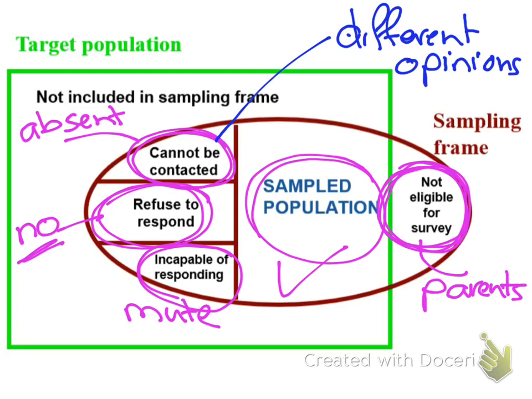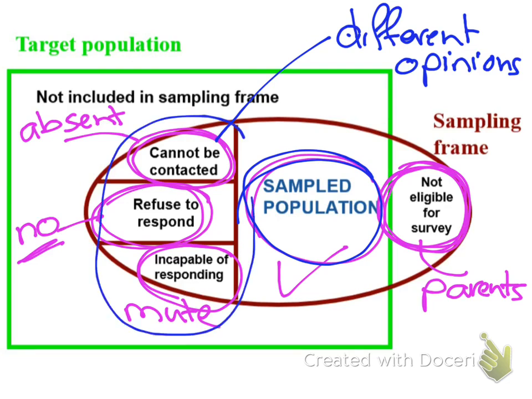So the people that refuse to respond, they might all think that the cafeteria food is bad, and they're not going to do a survey about it because, quite frankly, they're not wasting their time. Whereas those that do like the cafeteria food, they're the ones that have responded and said, yes, we love the cafeteria food. We think it's wonderful. So what can happen is that the people who are actually sampled can have a different opinion or have different data than these other categories.